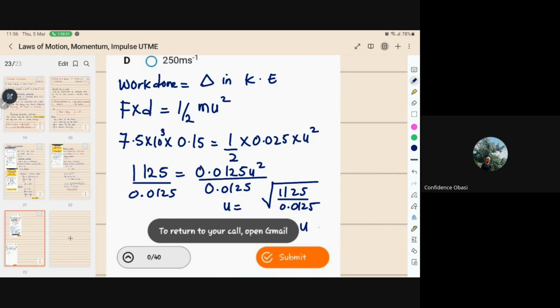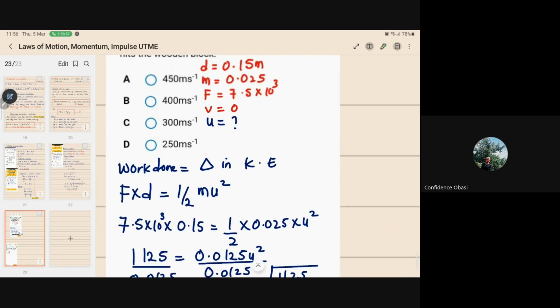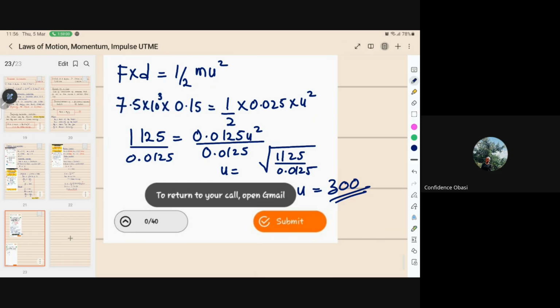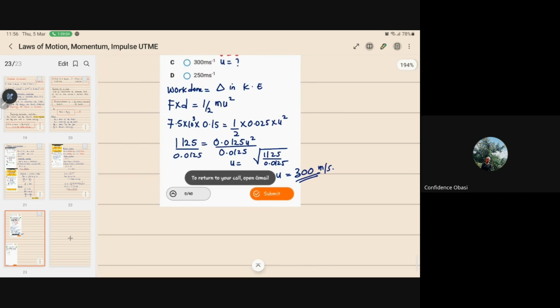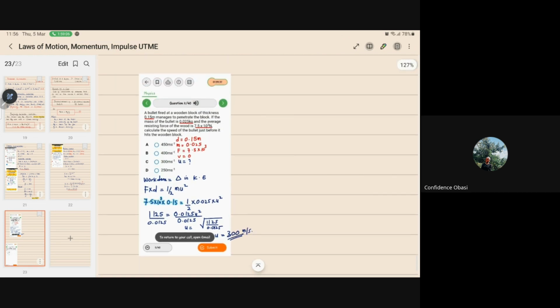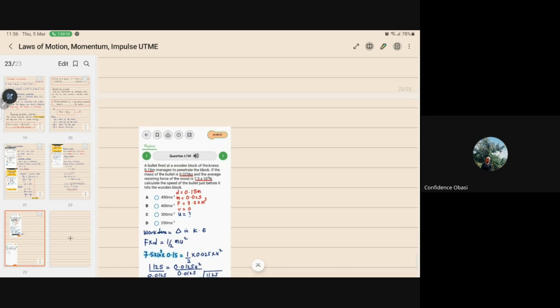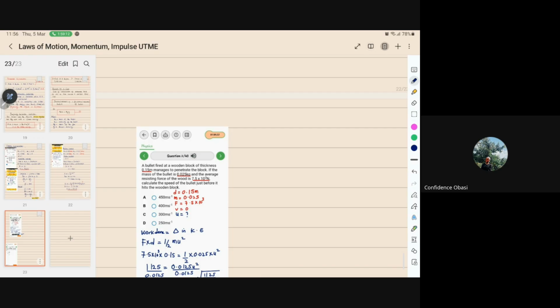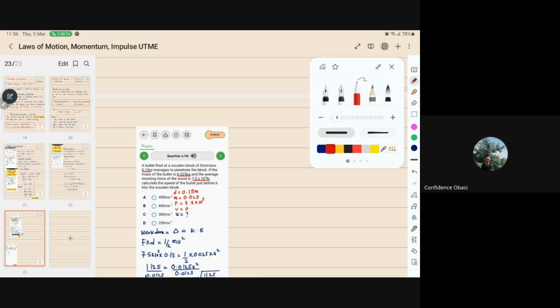So u is equal to 300. Are we together? Remember, it's going to be 300 meters per second. Any question on that? If there's no question, give me a thumbs up if we're all together.